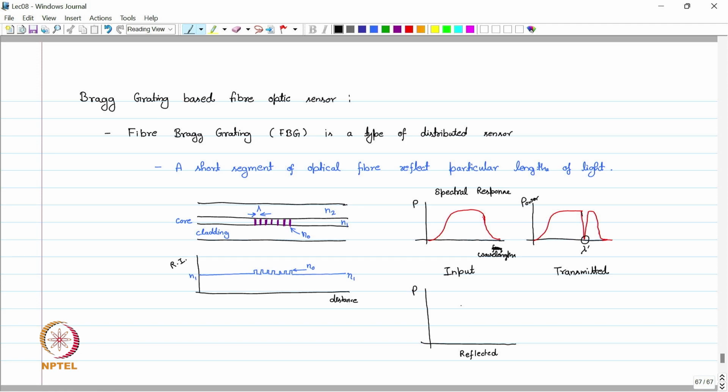We don't receive other wavelengths, only this lambda dash. So this is the reflected wavelength which we receive at the input side.